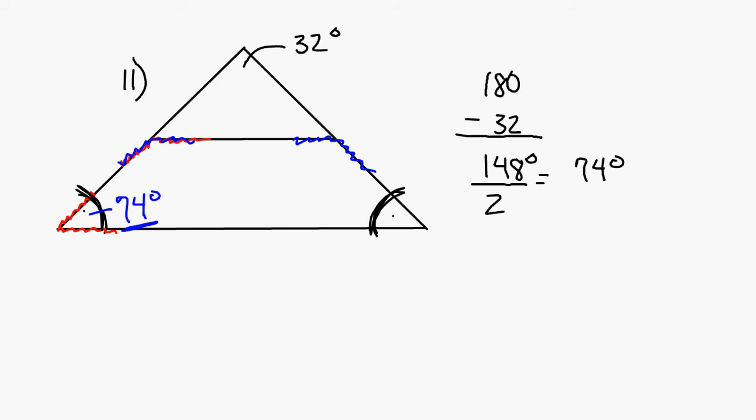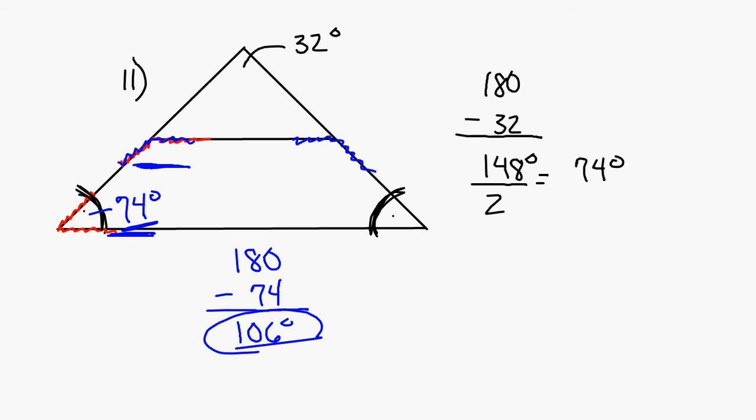So again, this angle and this angle in this trapezoid are supplementary. So if you take 180 and you subtract 74, you're left with 106 degrees. So the obtuse angle in this trapezoid would be 106 degrees.